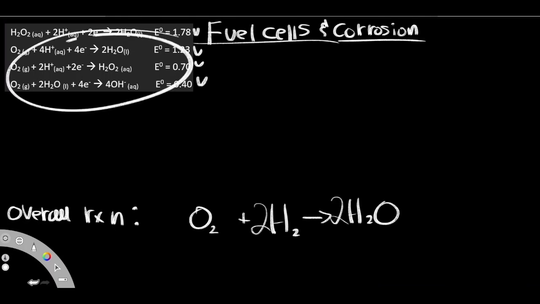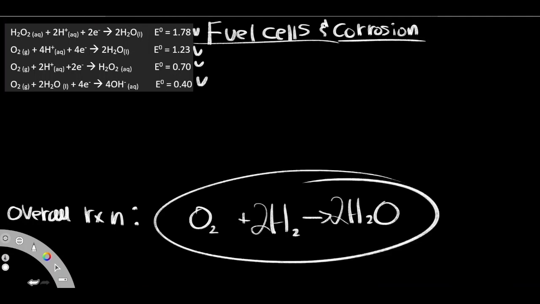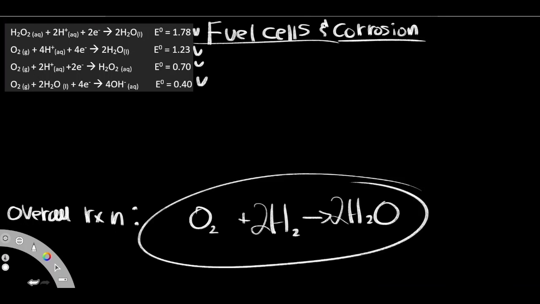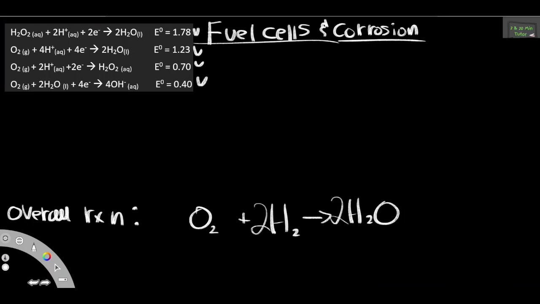Now for these half reactions, you have to pick which one you want to use in order to create our fuel cell that releases just this water vapor. So which one do you think we're going to be using? 1, 2, 3, or 4? Maybe pause the video and try to think about this for a second. If you selected this one, that would be incorrect.